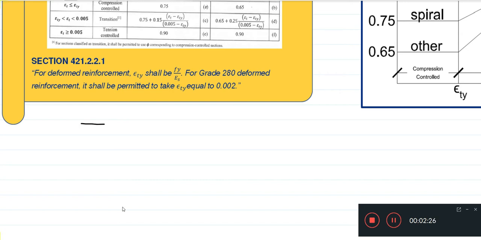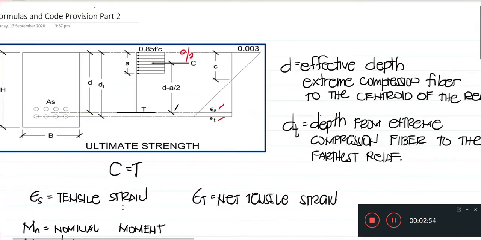Let's say meron tayong epsilon c, which is 0.003, tapos meron din tayong epsilon s from the centroid ng reinforcement, which is the tensile strain. Yung net tensile strain is galing sa first layer ng reinforcement natin, which is ito. So, galing lang yan dito sa diagram na to.